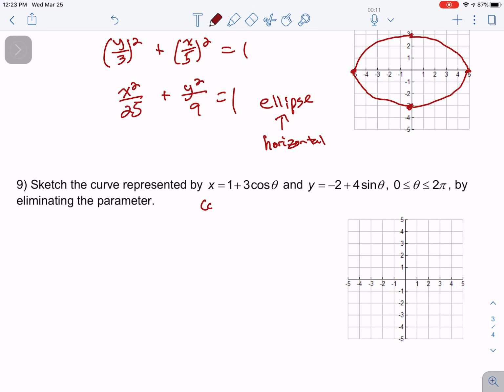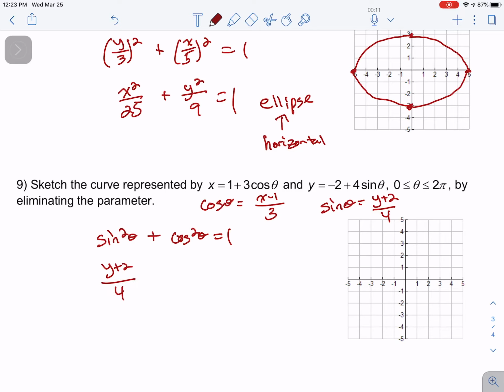Okay, so cosine of theta here is equal to x minus 1 over 3. Sine of theta here is equal to y plus 2 over 4. So when I do my sine squared plus cosine squared equals 1, I'm going to get y plus 2 all over 4, squared, plus x minus 1 over 3, all squared.